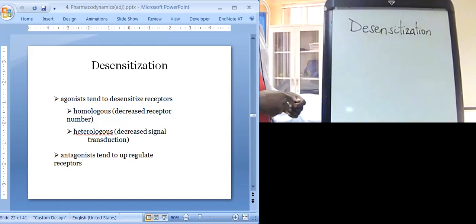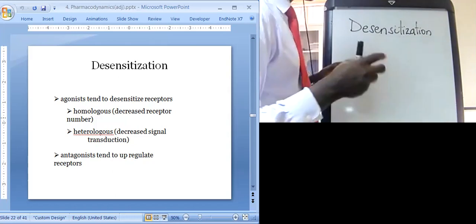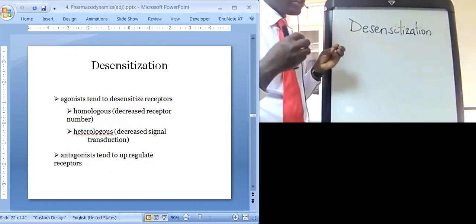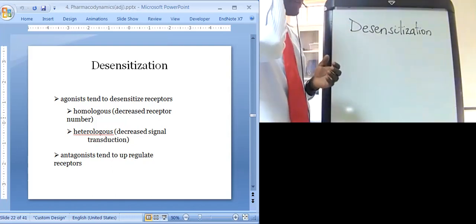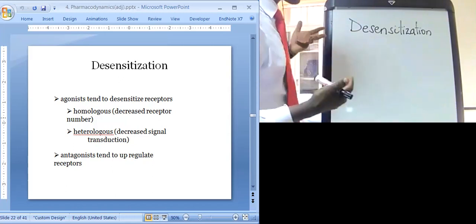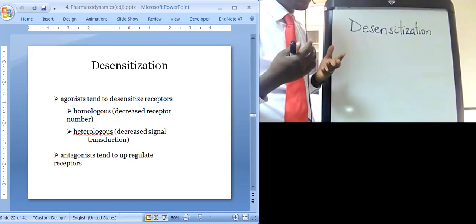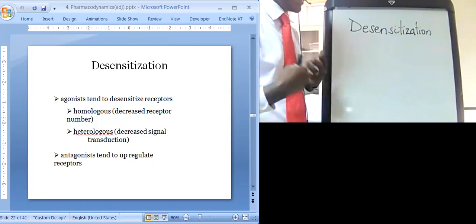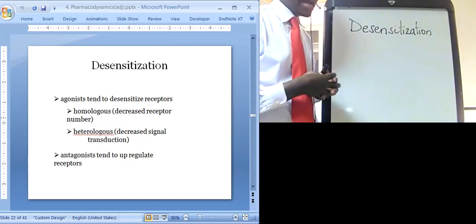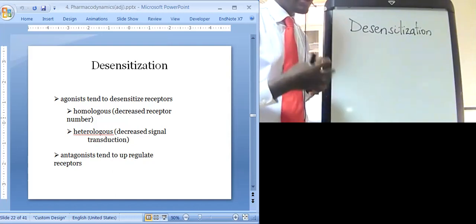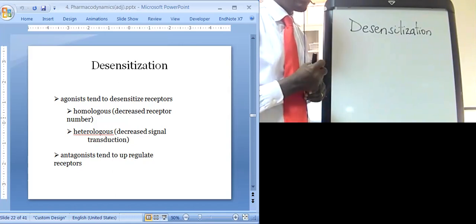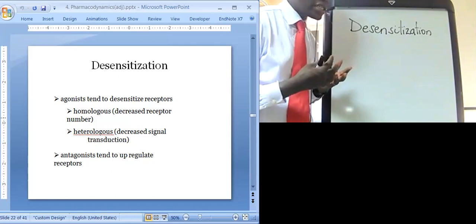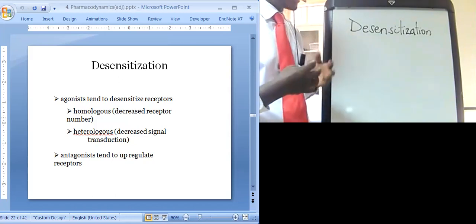Once you have a lot of agonists, a lot of drugs going to that receptor, very soon the receptors lose what we call interest in the drug, and as a result, we refer to this as desensitization. And so for you to achieve a maximum response, sometimes you need to increase the drug, or you will not achieve a maximum response.